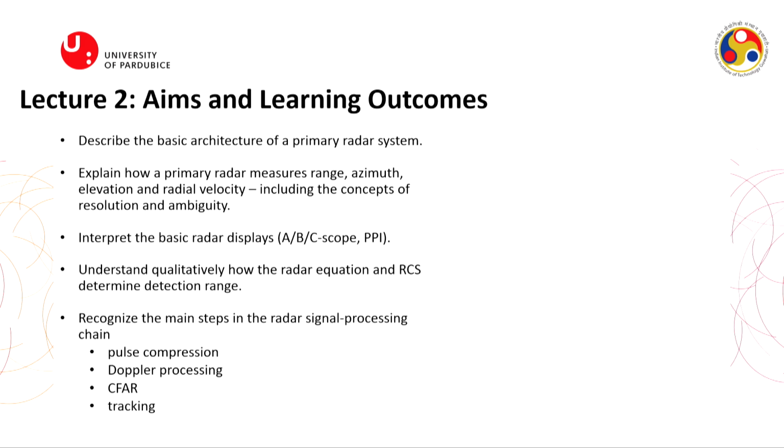Of course, it then depends on the size of targets. What is Doppler processing? Maybe you know what Doppler frequency is. It is a shift in frequency, and from the Doppler frequency we can recognize how fast the target is, what its velocity is.